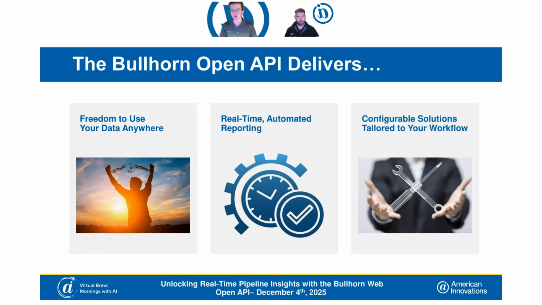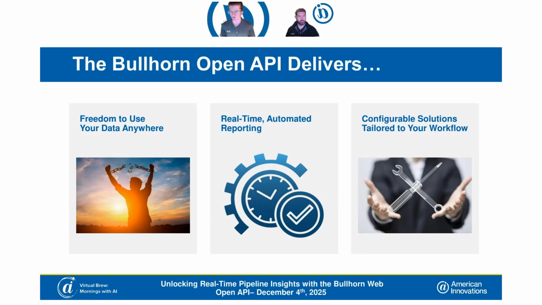What is really valuable about an API, unlike a scheduled job service or a scheduled export from Bullhorn Web today, is that it is always connected. Through programming and integrations with whatever tools you're plugging this API into, you'll be able to get your data in real time, unlike a scheduled service or a scheduled export to an Excel table that we might do today in the extracts in Bullhorn Web, as an example.